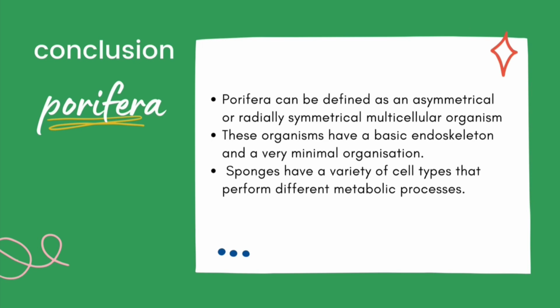The animals in the phylum Porifera are known as parazoans because they lack genuine tissues, except in class Hexactinellida. These organisms have a basic endoskeleton and very minimal organization. Sponges have a variety of cells that perform different metabolic processes, and despite their simplicity, these animals perform a variety of complicated physiological duties.